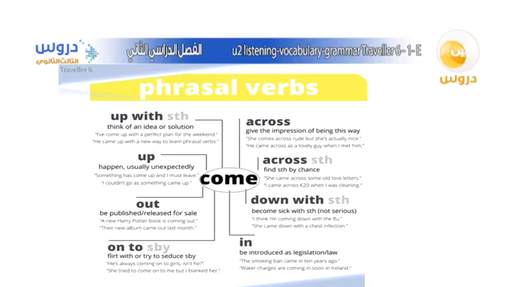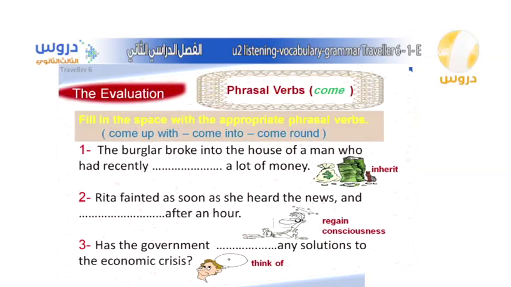So this is the phrasal verb of the word come. Now, we need to evaluate our knowledge of the phrasal verbs with the word come, the ones you have seen previously. So fill in the space with the appropriate phrasal verb.